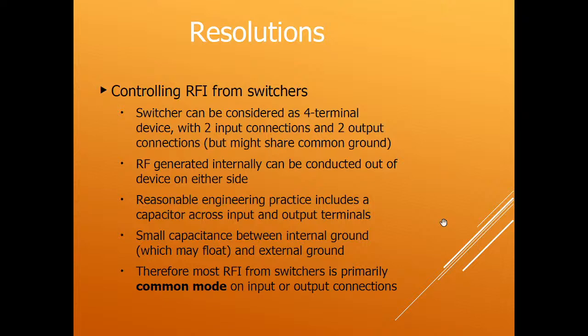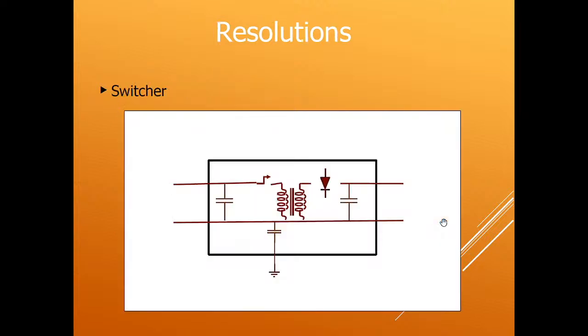Reasonable engineering practice includes putting a capacitor across the input and output terminals. And there's also some small amount of capacitance between the internal ground, which may be floating, and any external ground. And so therefore, what comes out of switchers is primarily common mode on the input or the output connectors. And I'll tell you a little bit more about what common mode is.